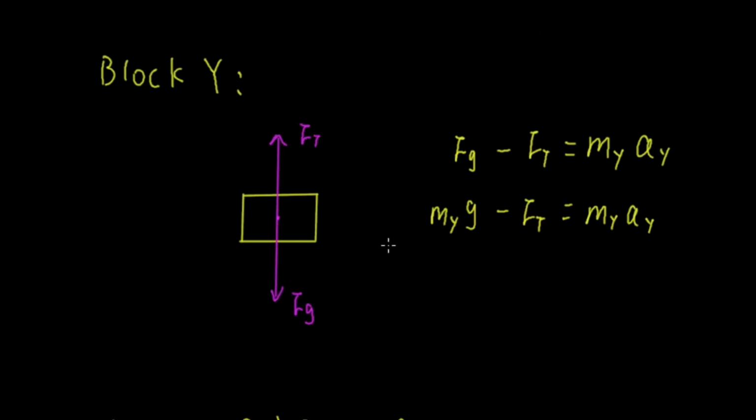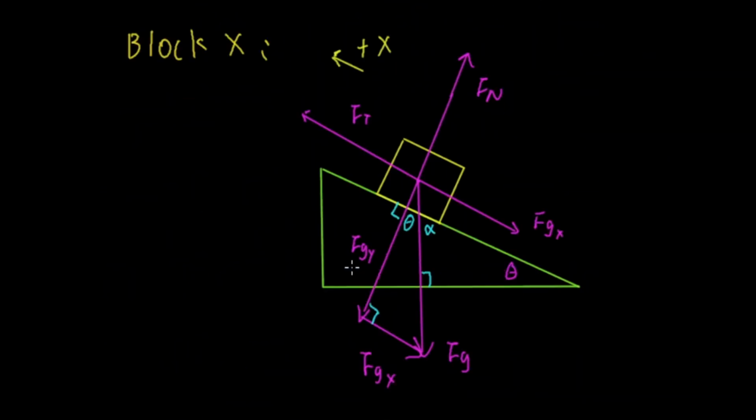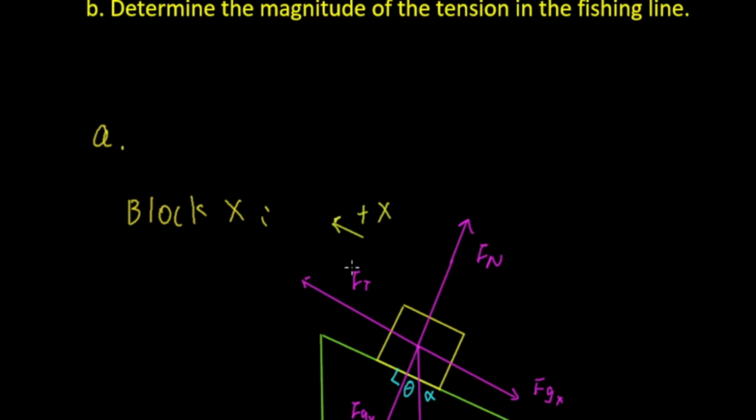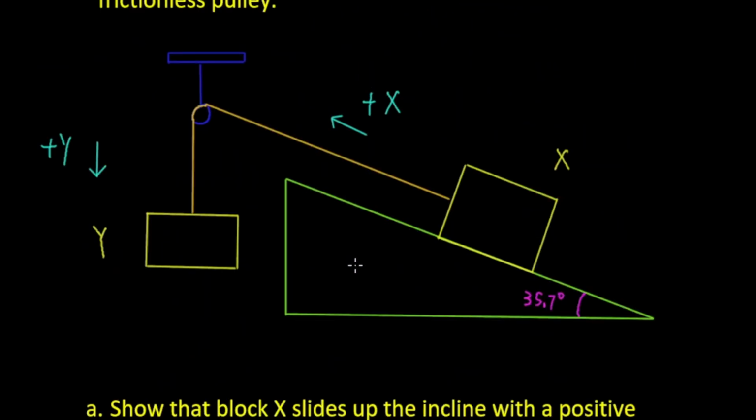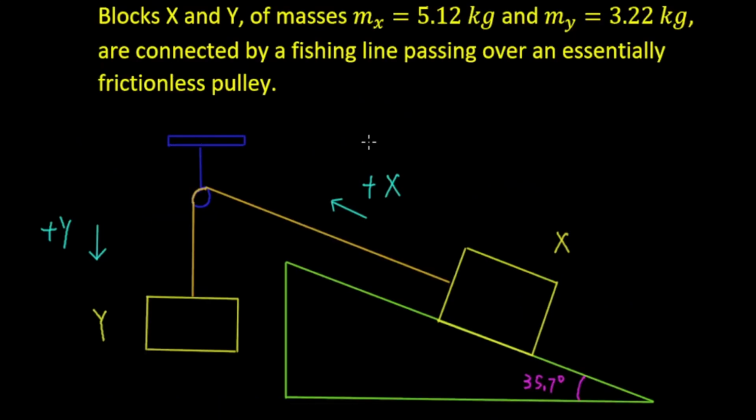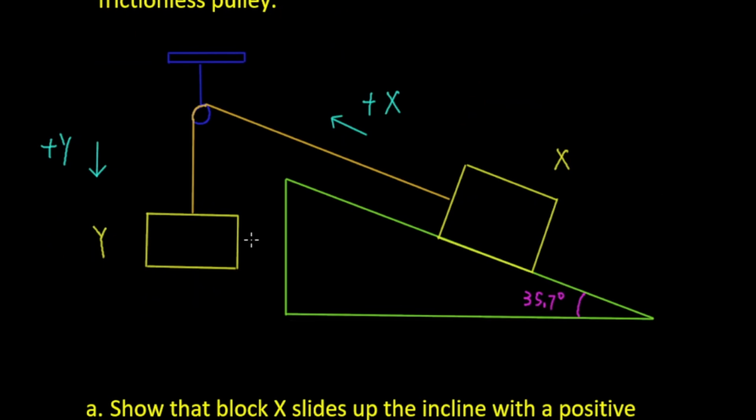Now, what else do we know? Look at this diagram here, right? Since the pulley is frictionless, given in the question here, the tension force on this fishing line will be the same here or here.